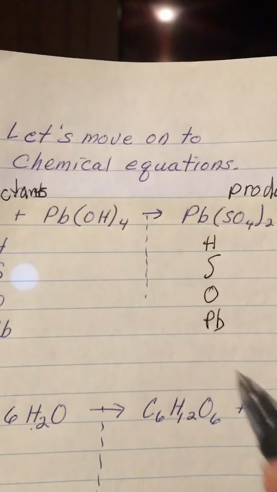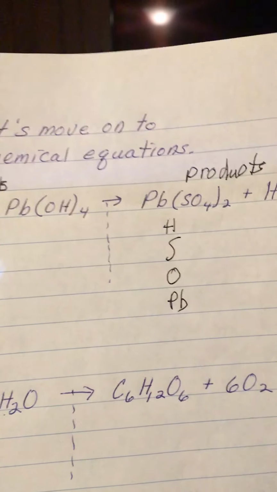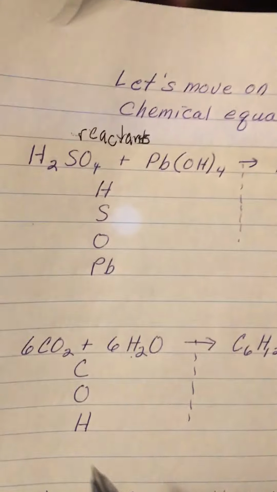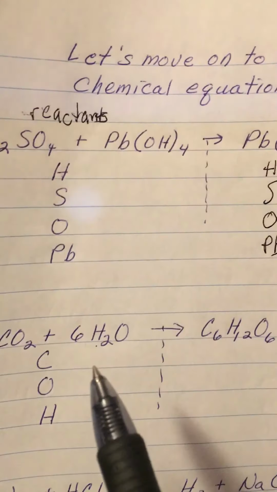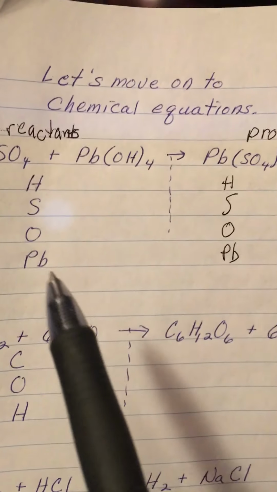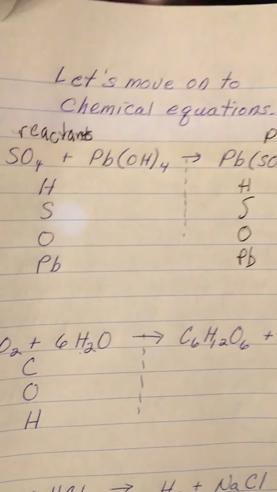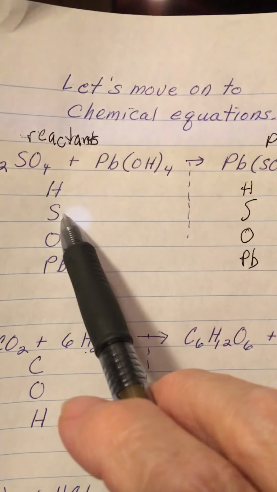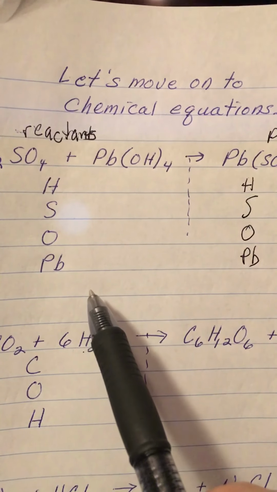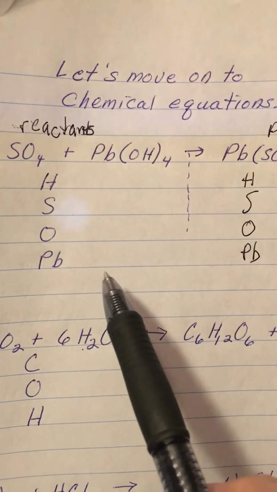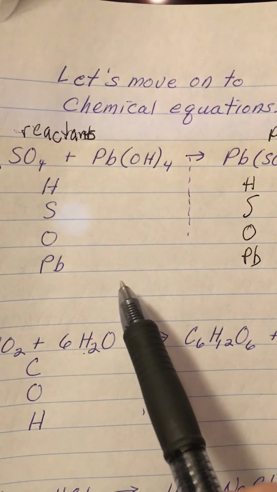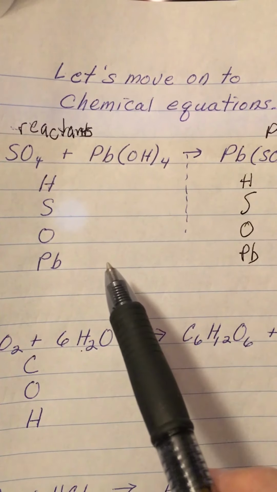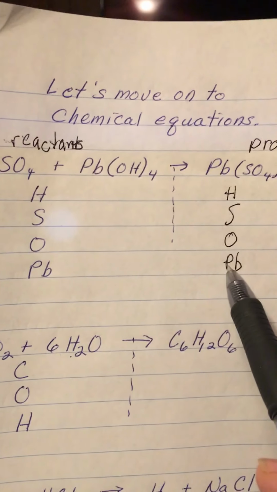Now, why don't I just look at this side and write it down again? Well, in practice you could do that, but don't. I want you to do it my way. The other reason is we have a law in chemistry, the law of conservation of matter, that says whatever goes into an equation must come out of an equation.